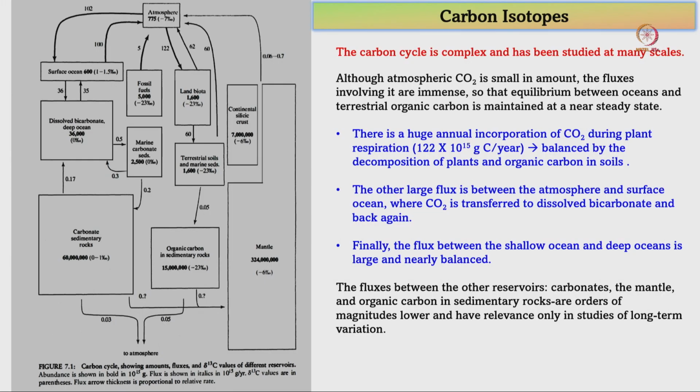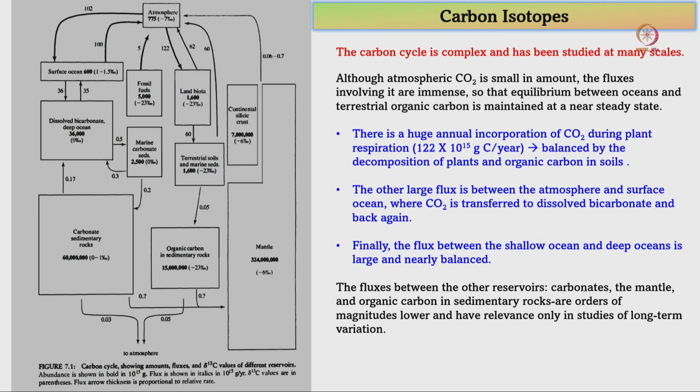From the mantle it can come out as gases, or maybe the terrestrial biomass that got fossilized and now it is being released back from fossil fuel burning and all. Then there is a significant amount of carbon that is trapped as land biota. Okay. There can be different reservoirs, okay. It can be in the soil, it can be in the biomass.